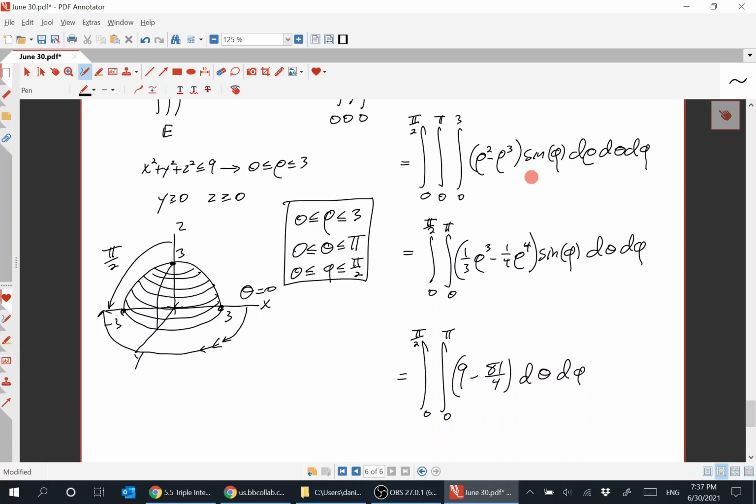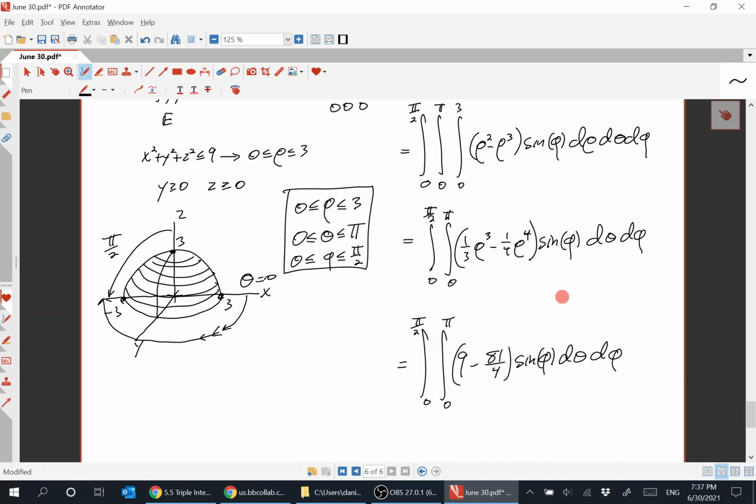We're doing the antiderivative with respect to rho, and of course the phi is constant, so it's just the antiderivative of this with respect to rho times the constant, which is sine phi. So 81 or so, 36, well, I'll figure that out later. Sine phi d theta d phi.